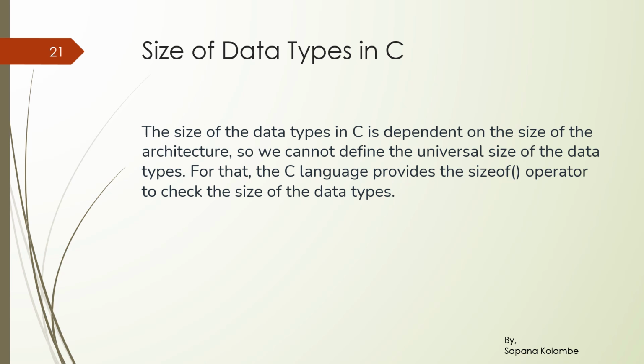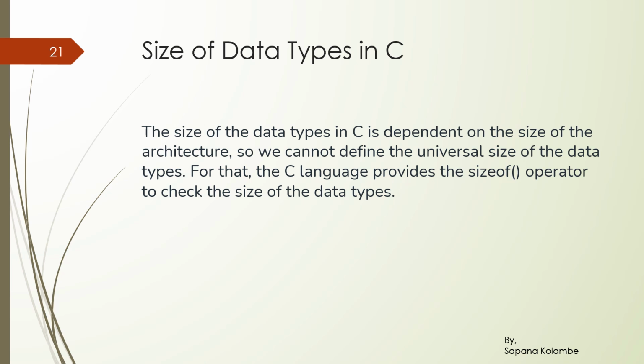Now the sizeof data type in C. So what is the use of sizeof? Sizeof is nothing but the operator which is used to check the size of the particular data type of the variable which you are using. It is used to calculate the amount of storage required to store an object of a specific data type.